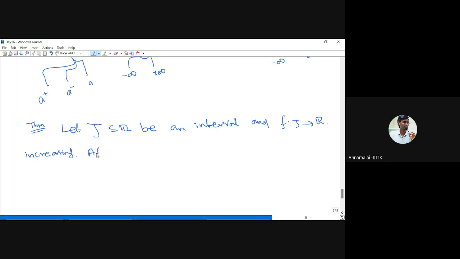Assume that C is an element of J, but not an endpoint of J.